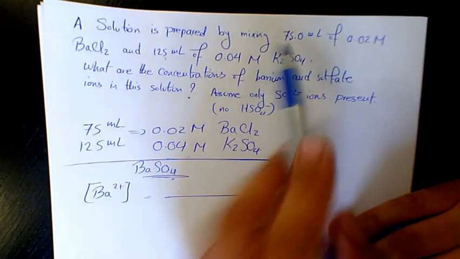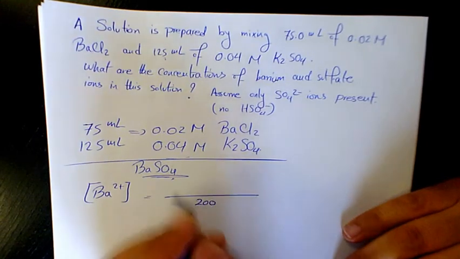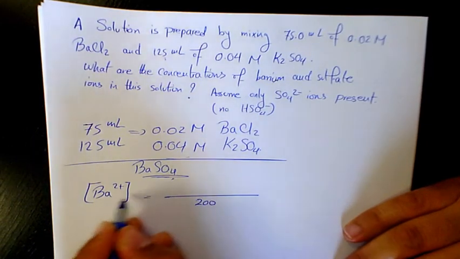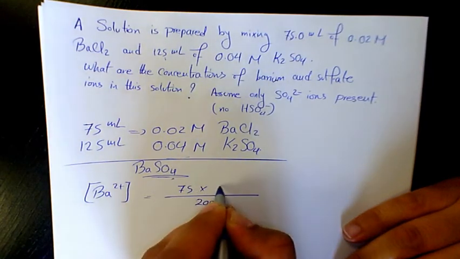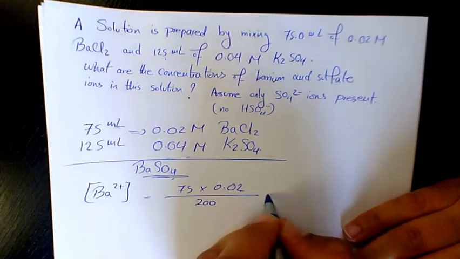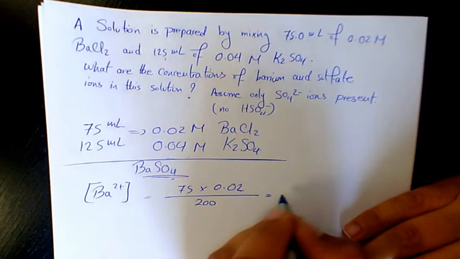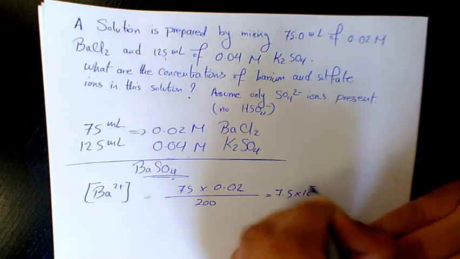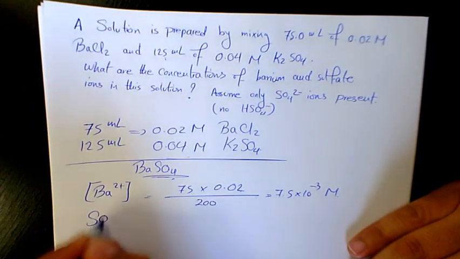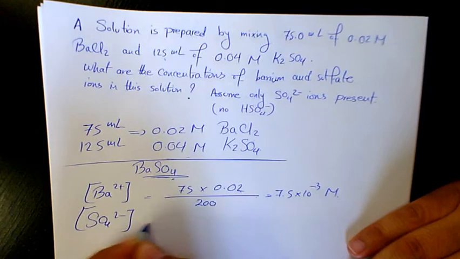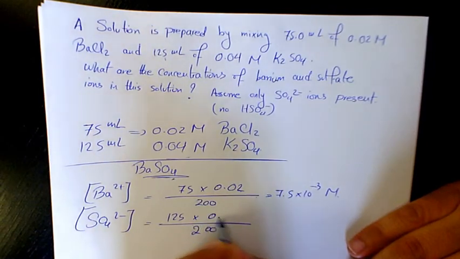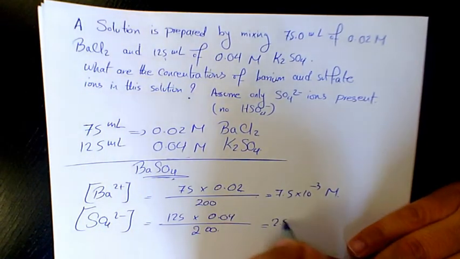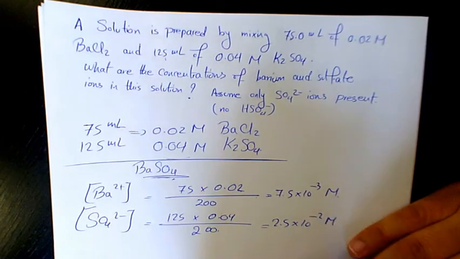125 plus 75 is going to be 200. So in the original solution it is 75 times 0.02, that's the concentration. That's going to give me 7.5 times 10 to the power of negative 3 molar. Sulfate ion initially is 125 divided by 200 times the concentration 0.04. That's going to give me 2.5 times 10 to the power of negative 2 molar.